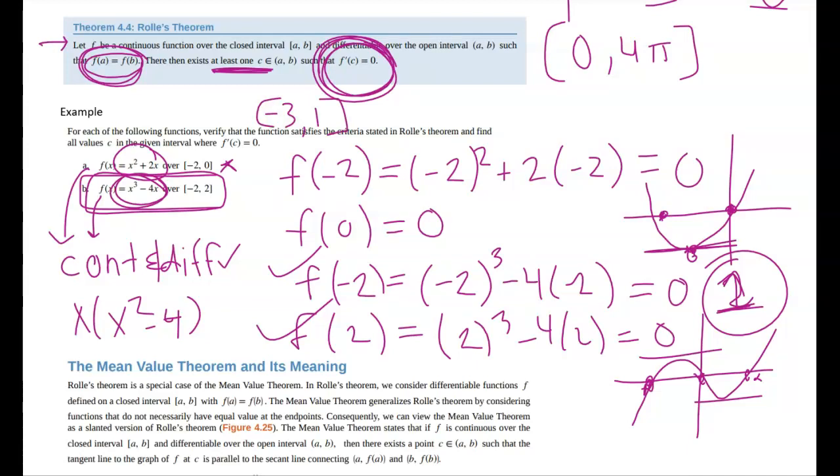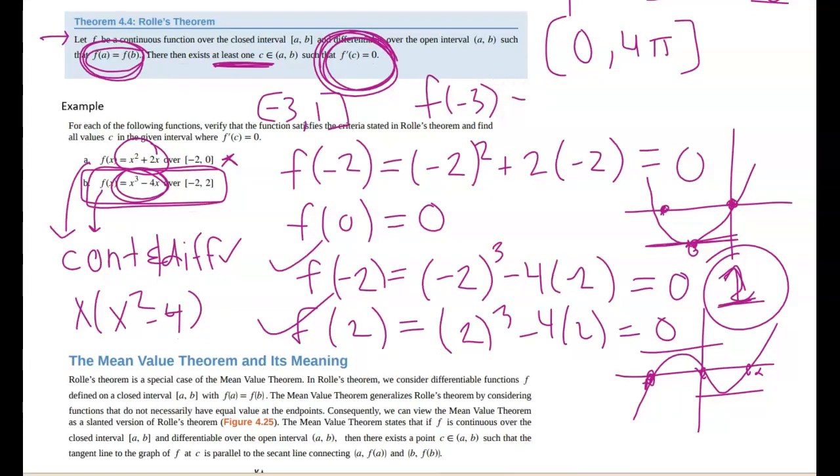So f of negative 3 is negative 3 squared plus 2 times negative 3. So I end up getting 9 minus 6, I get 3. And f of 1 gives me 1 plus 2, I get 3.